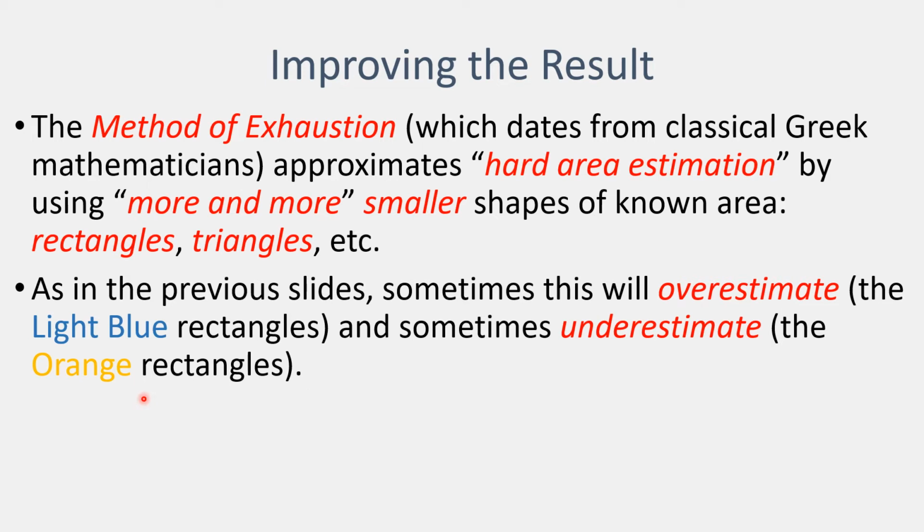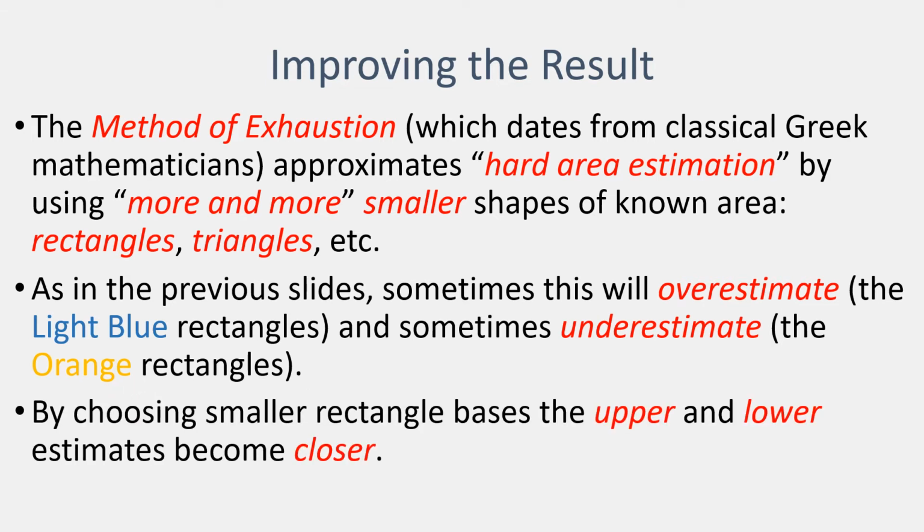So the orange rectangles in the previous 2 slides. However, as we choose smaller and smaller shapes to cover the whole area, we'll get better estimates. We'll get better upper bounds, we'll get better lower bounds, and these will become closer.